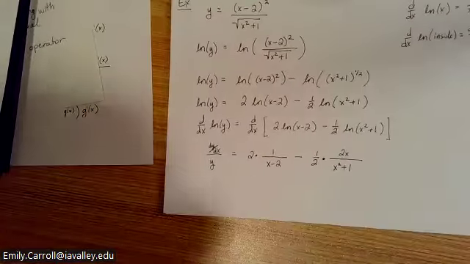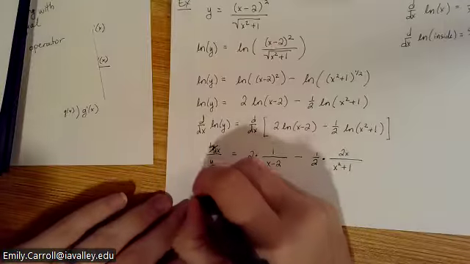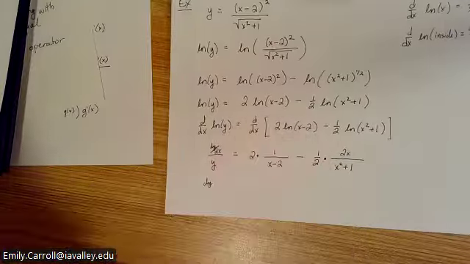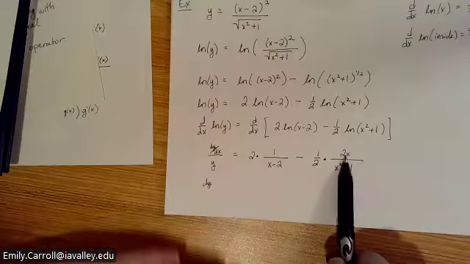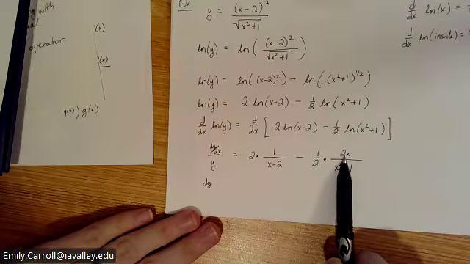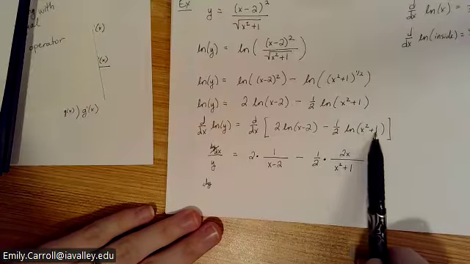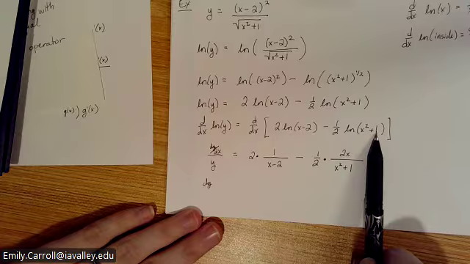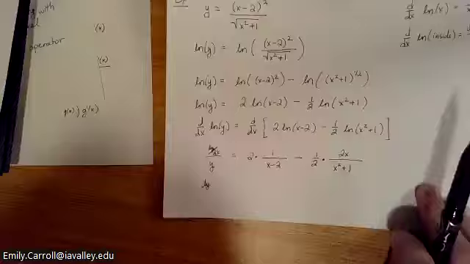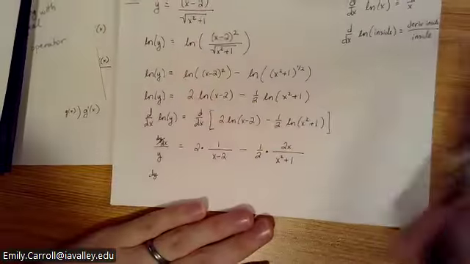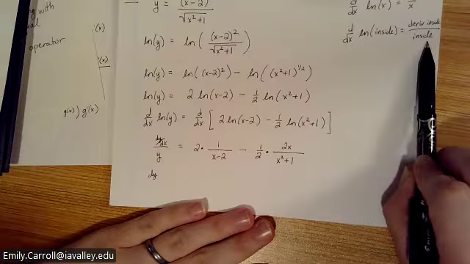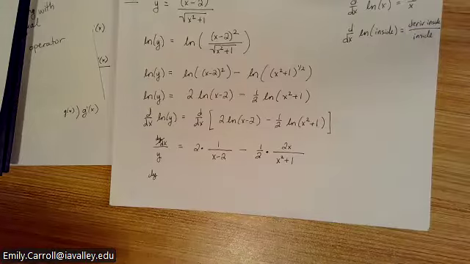All right, let me clean this up a little bit. Where did the 2x come from again? This 2x, yes, it's the derivative of x squared plus 1. Following this rule here, the inside is x squared plus 1, the derivative of the inside is 2x.